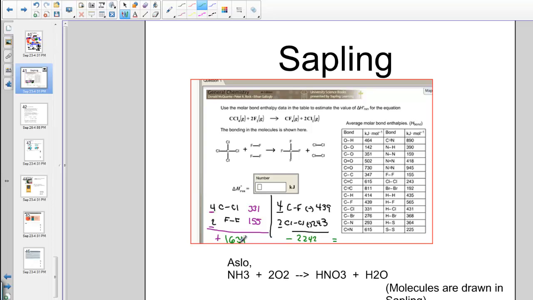Let's take that negative 2242 and add to it the positive 1634. And we get an overall exothermic reaction with a difference of heat content of negative 608 kilojoules of energy. Remember, this means exo. Heat was released during this reaction.